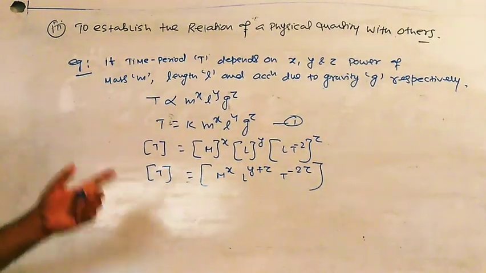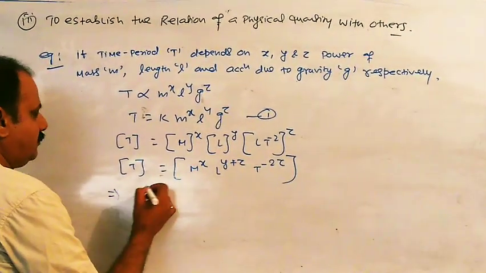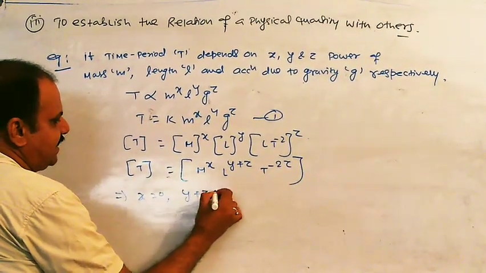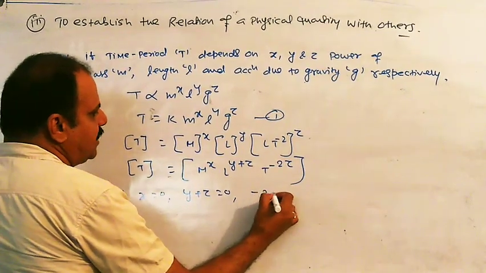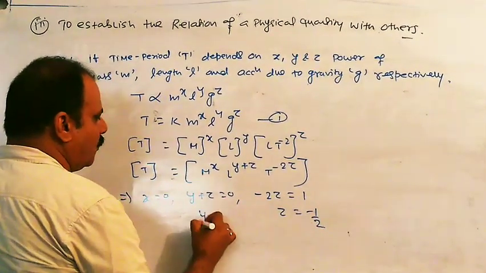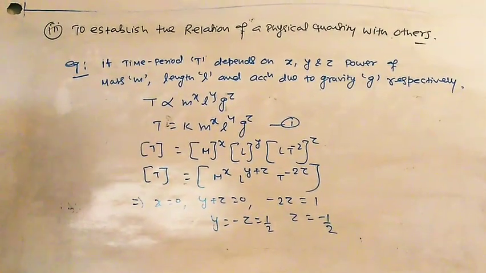Now equating power of M, L and T both sides. x equal to 0, y plus z is 0, minus 2z equal to 1, so z equal to minus half, y equal to minus z, that is plus half, x is 0.